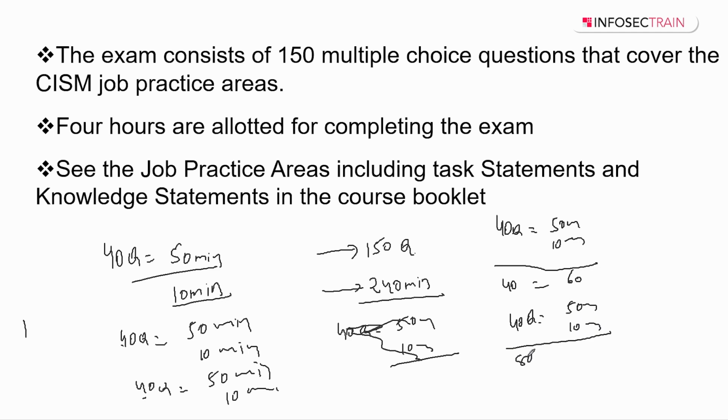So a total of 80 questions done in 120 minutes. Then another 40 questions in the next 60 minutes, so you're done with 120 questions. Then you can take another 40 minutes to answer the last 30 questions, and you have a 10-minute break if you want.